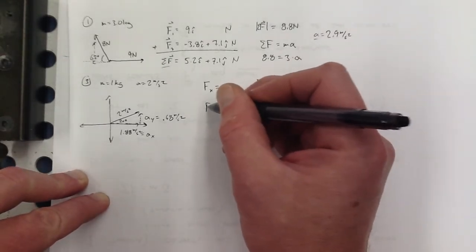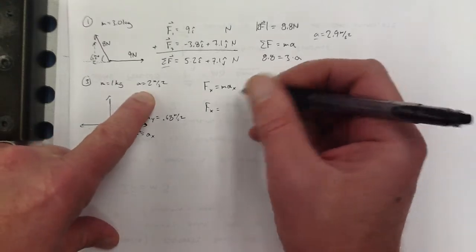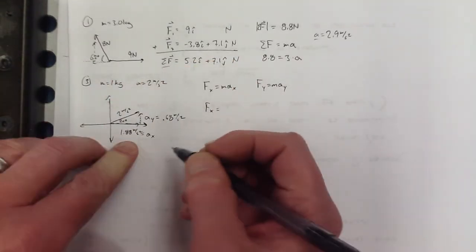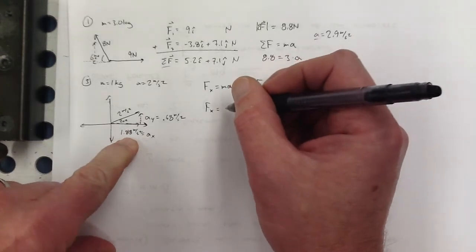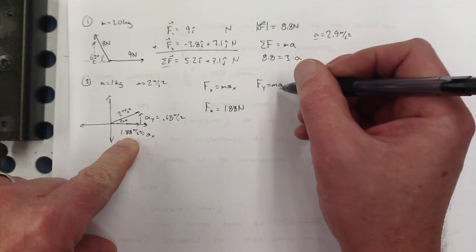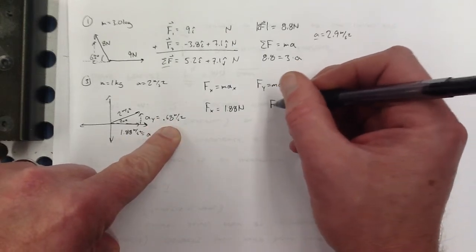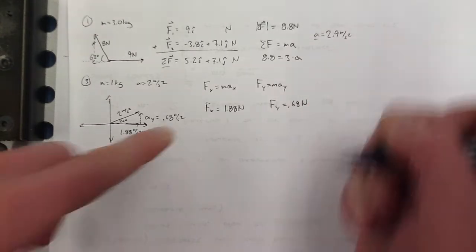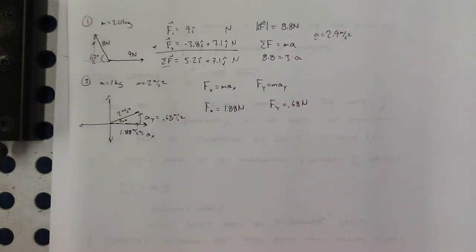So, and the mass is just 1, so it's just 1 times these things. So that means this must be 1.88 newtons, and this must be 0.68 newtons. I think that's A and B, isn't it?